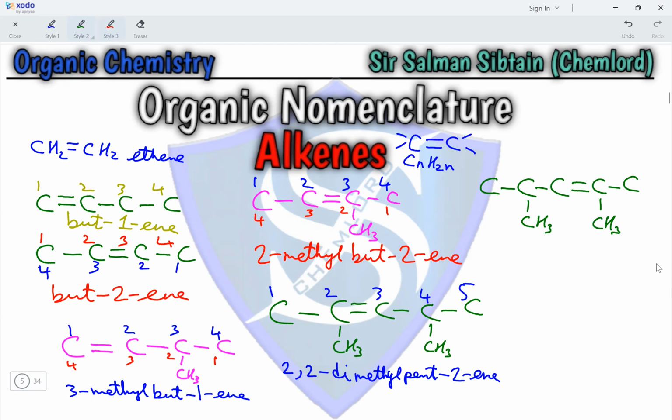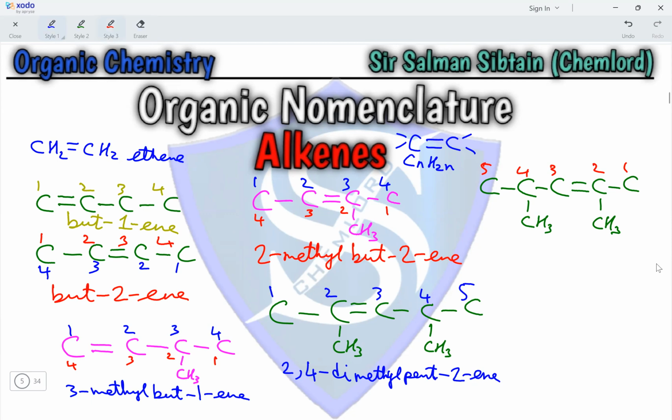However, if we number it from right to left, 1, 2, 3, 4, and 5, the position of the double bond stays at the second position, and basically this is the same compound as the first one, which was wrongly numbered as 2 comma 2. It is supposed to be 2 comma 4 because the second methyl group is on the fourth position.